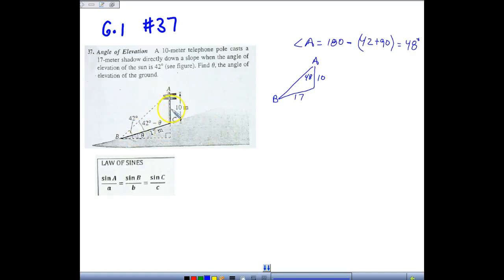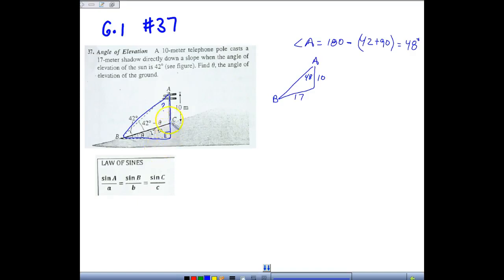We have a couple of triangles here that are formed. One of them is a right triangle, and I'm going to use this right triangle to figure out angle A as my first step.